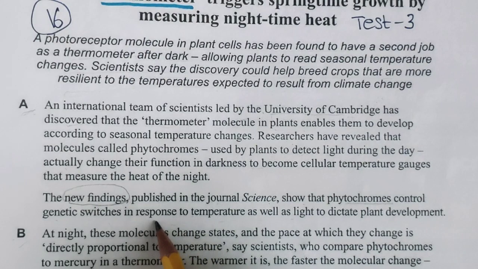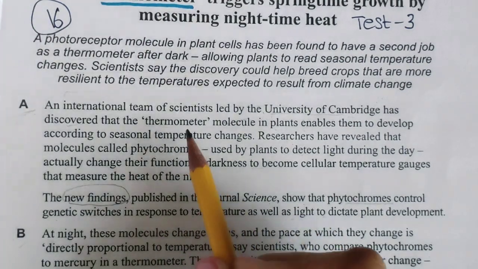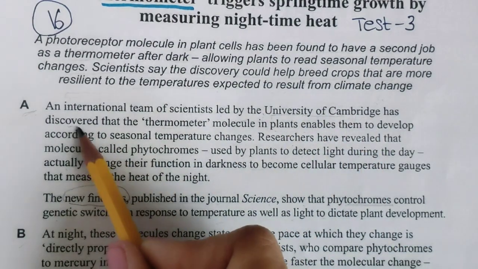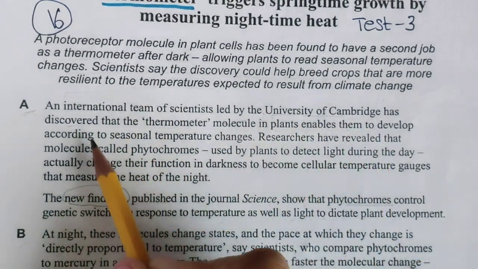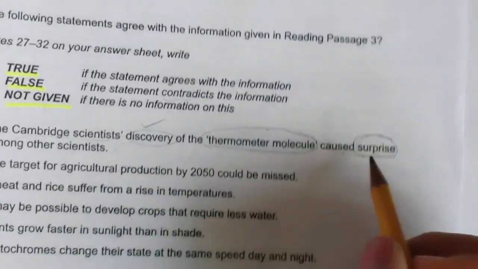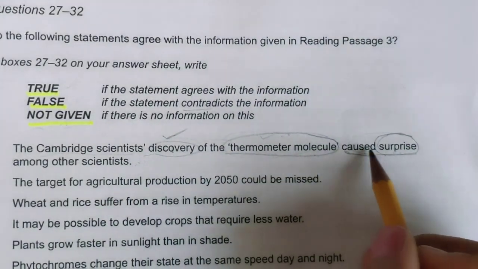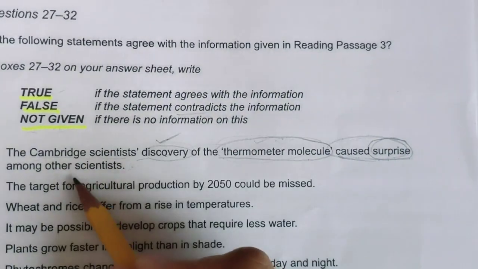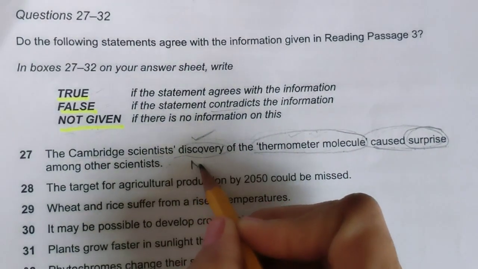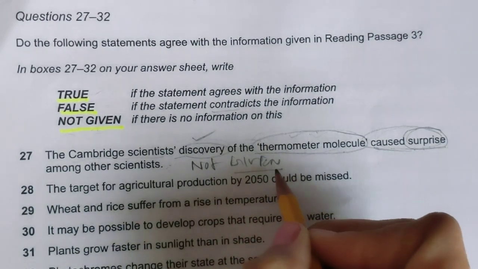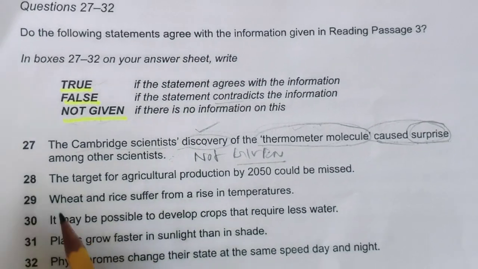So here also they are saying scientists led by the university have discovered a thermometer in plants, enabling them to develop, researchers have revealed. So everything is given, but the thing they have not given is that this caused surprise among other students, so it would be not given. Not wasting time to look for this item, let's move on to the next question.